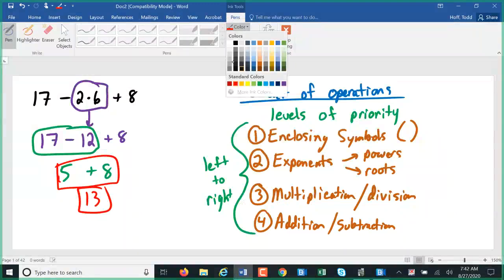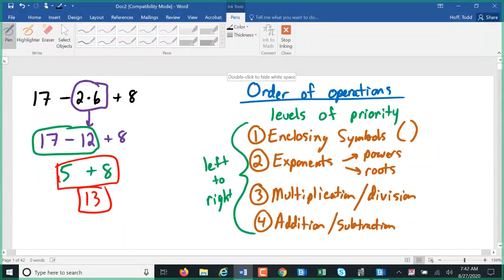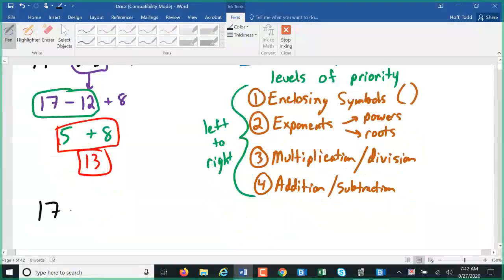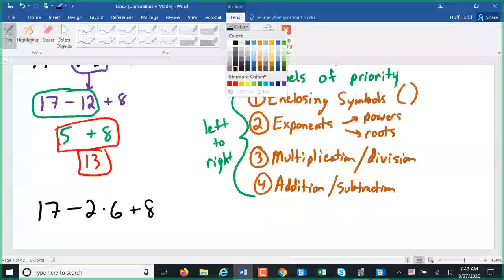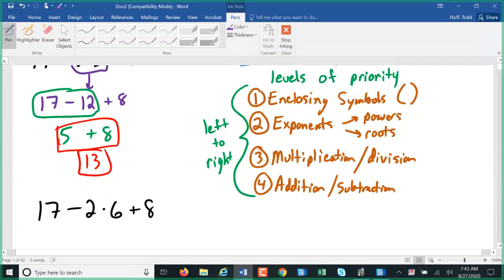Now, I said that the order of operations could be interpreted sometimes in different ways. We looked at the whole problem in general here and went about it that way. Another way the order of operations could be interpreted is to just pick a number, start with that number, and work out from it.